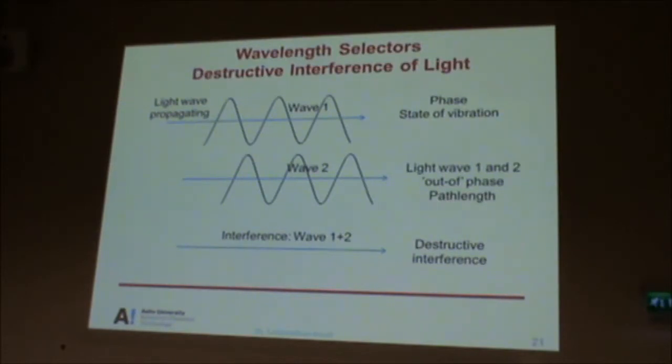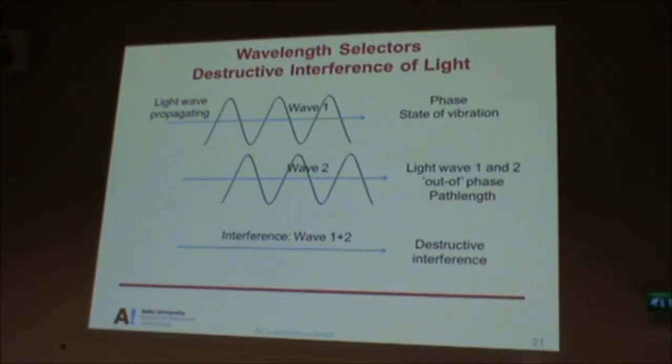Now, apart from a prism, you can also use interference. Did I explain interference in any of those previous slides? No, right? Okay, so this is, in one slide, what interference is. You have a light wave propagating. If you take two waves that are out of phase, where there is a crest here, there's a trough here, they can add up to become zero.